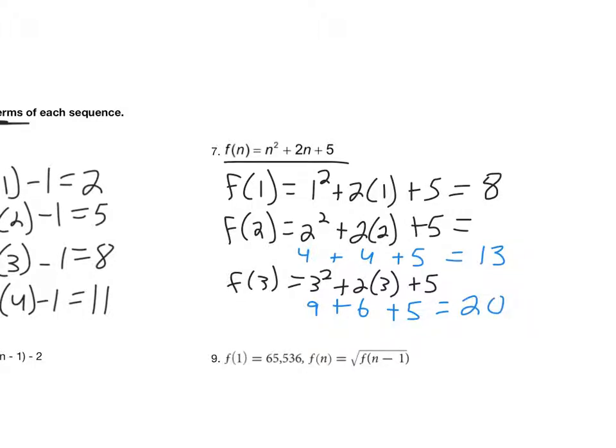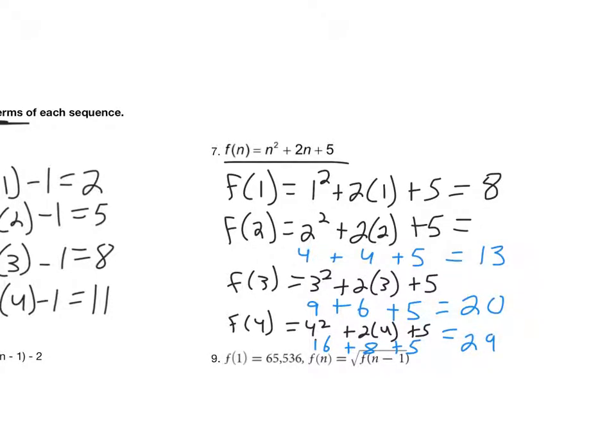And last, f of 4 is going to be 4 squared, which is 16, plus 2 times 4, which is 8, plus 5. So 16 plus 8 plus 5. Well, 16 plus 8 is 24, and 24 plus 5 is 29.